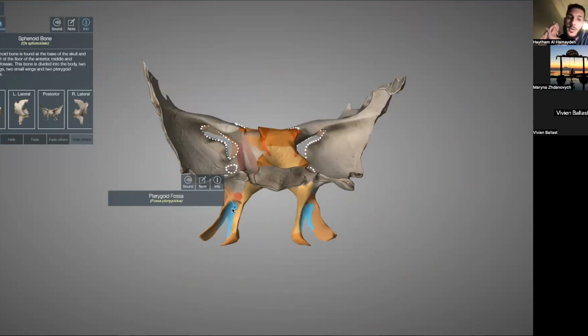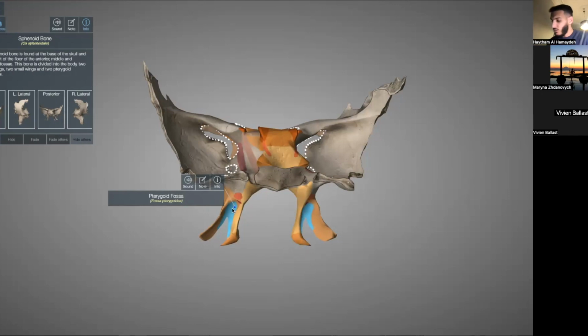This is the pterygoid fossa. And please do not confuse this with the pterygopalatine fossa, which is another pin in your list. The pterygoid fossa is part of the sphenoid bone, and then you have the pterygopalatine fossa, which in my opinion is the most annoying point in your list. This is the pterygoid fossa.